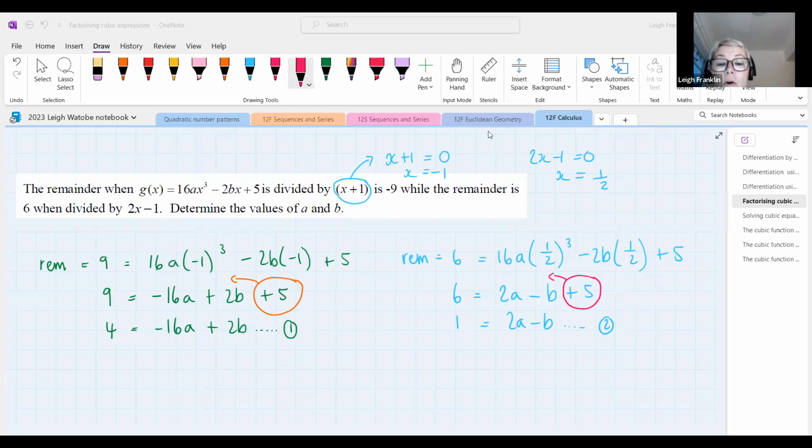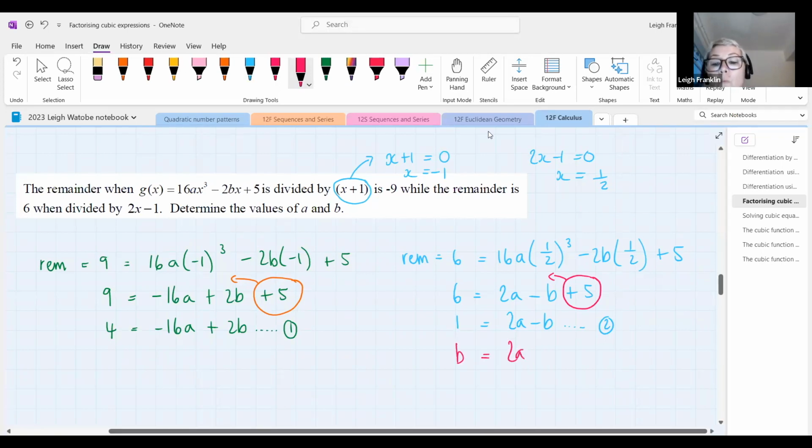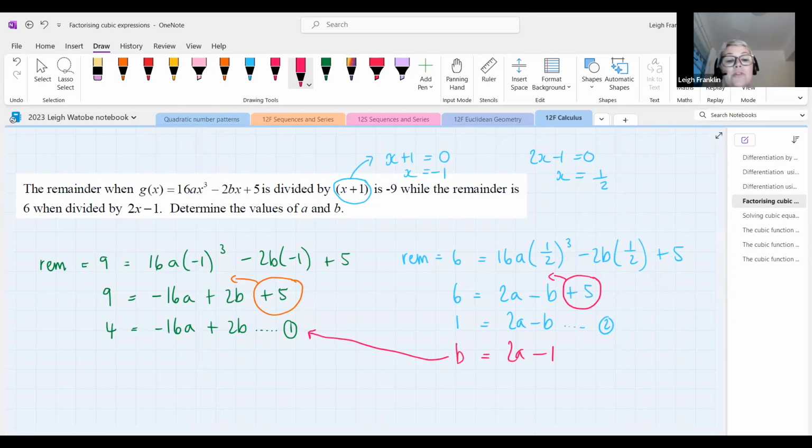I'm going to take B over to this side and the 1 to the other side. Great suggestion, Leanne. Now I'm going to sub that into the other equation, so we've got 4 equals -16a plus 2 times the value of b. B is 2a minus 1, and then we will be able to solve for a.